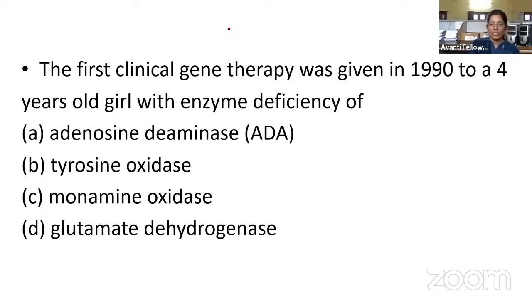Give me the answer in the poll. The students who are in Zoom, give me the answer in the poll, and students from YouTube can give the answer in the chat box. Gene therapy was done first time on which enzyme? This is very easy. Answer quickly.